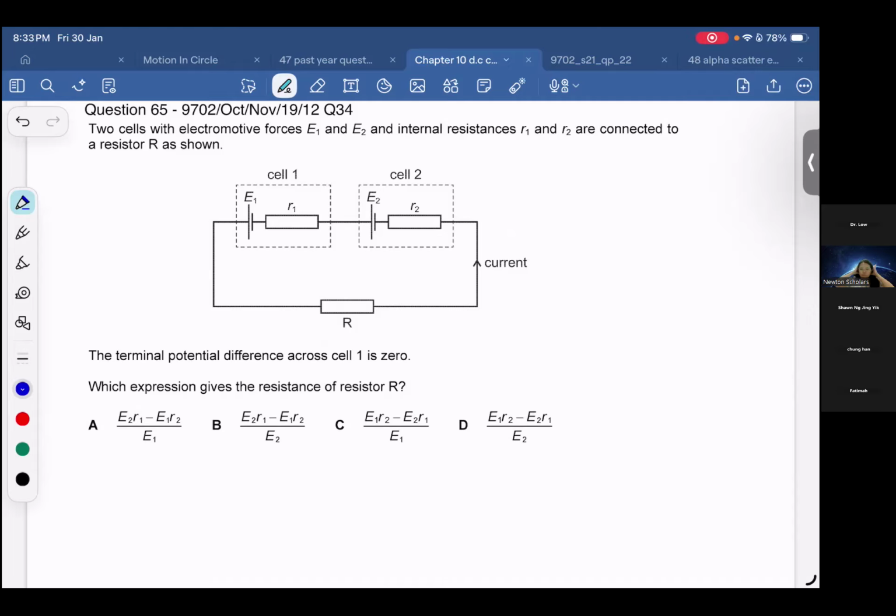Okay, try. You have to understand that the terminal potential difference across cell 1 is 0. Yeah, that is the part that we need to solve.